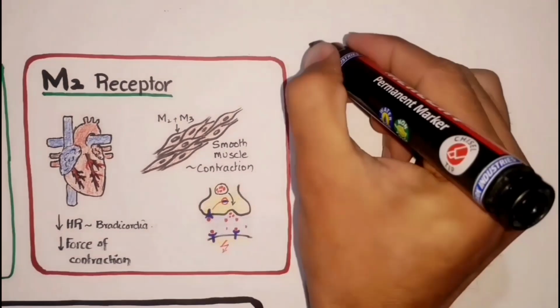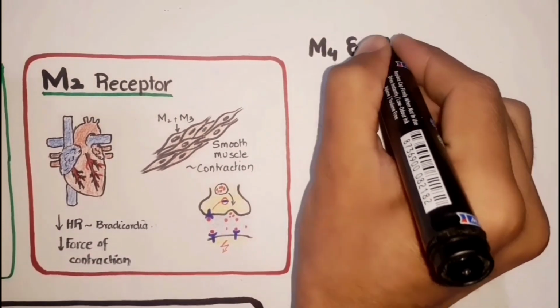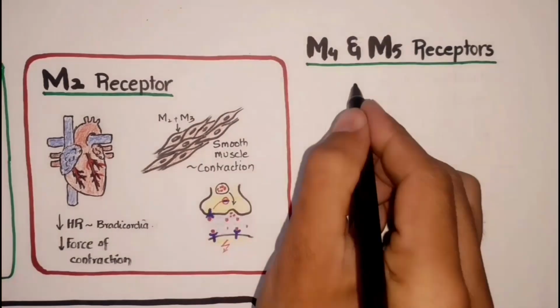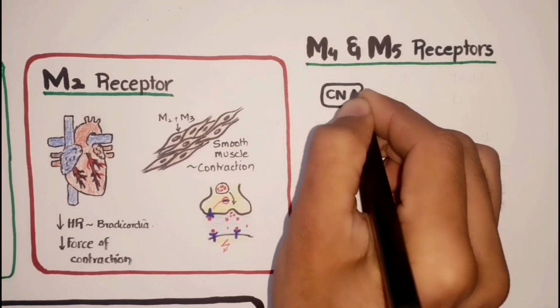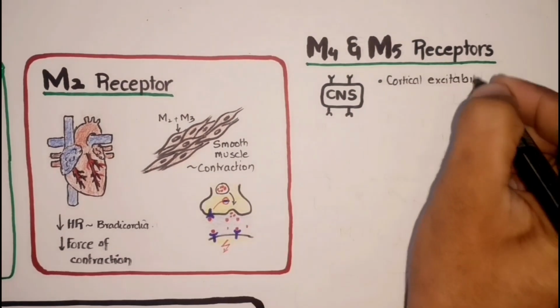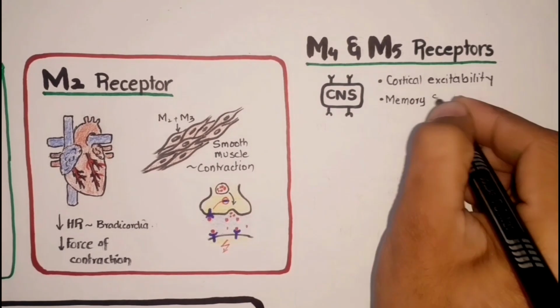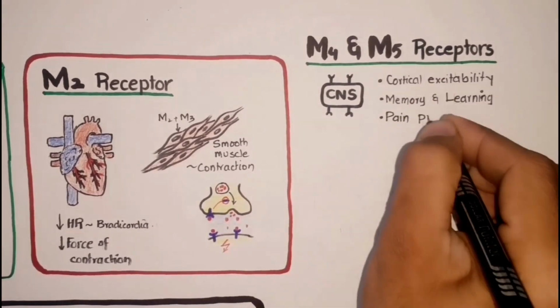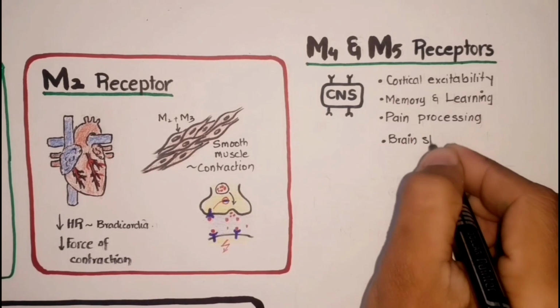Last but not the least, M4 and M5 receptors are largely confined to the CNS, and their functional role is not well understood. However, all muscarinic receptor subtypes are present in the central nervous system, which serve diverse functions ranging from regulation of cortical excitability, memory and learning, pain processing, and brainstem motor control.